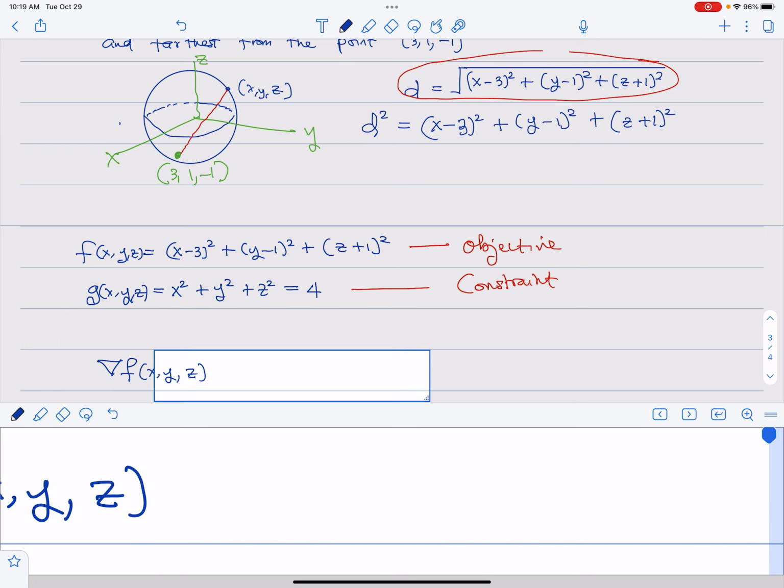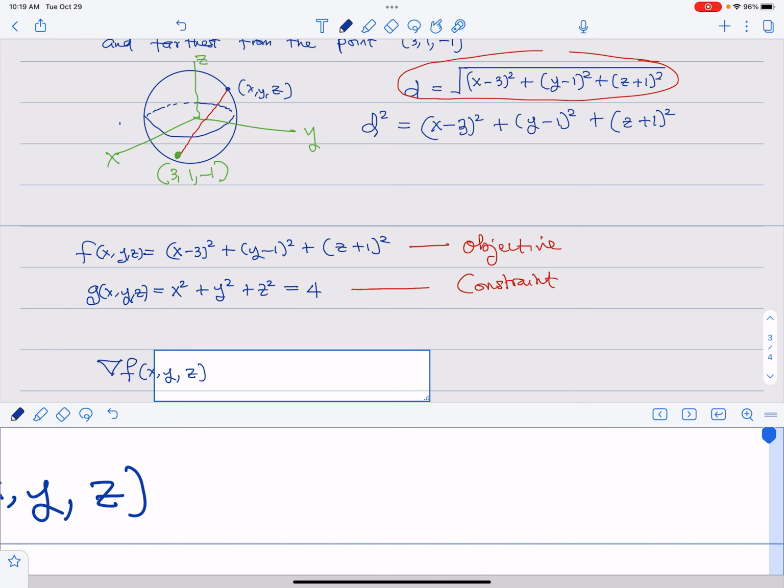So we're going to be dealing with a gradient with 3 components. The first one is just going to be 2 times x minus 3. The second one is 2 times y minus 1. And the third one is 2 times z plus 1.